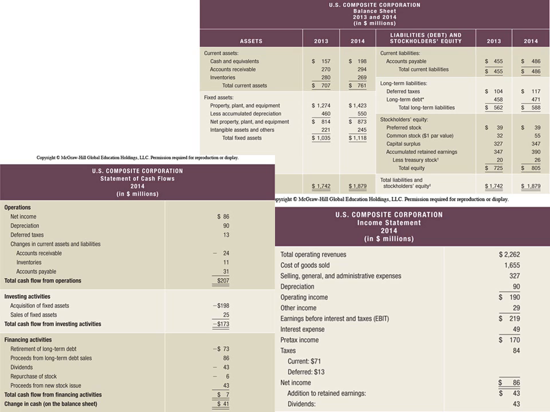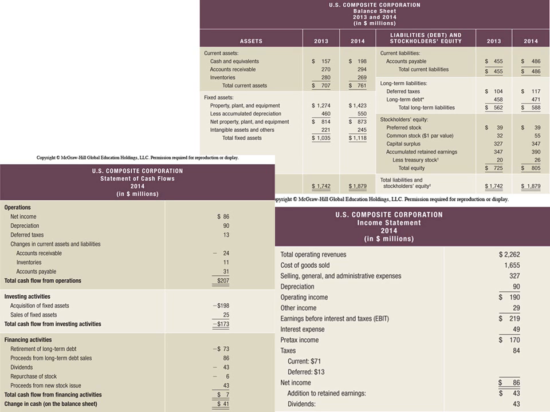However, if I sell $5 million of inventory, that's going to produce $5 million in cash. And so that's why we're going to look at these changes in current assets and liabilities. Now, liabilities work just the opposite direction. If a liability goes up, that actually produces cash, and if a liability goes down, it consumes cash.